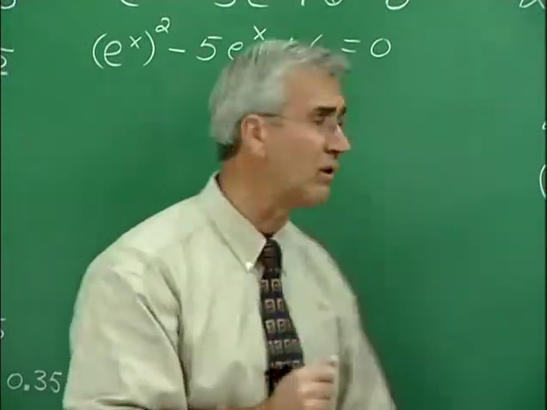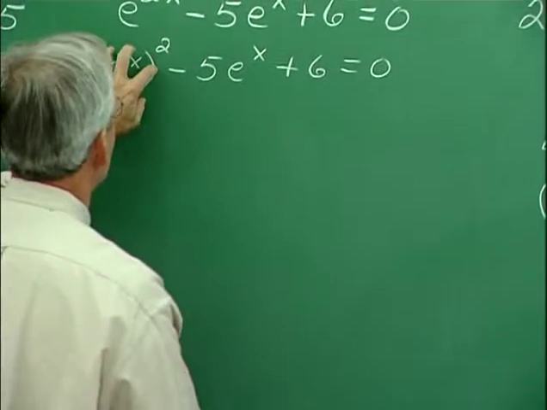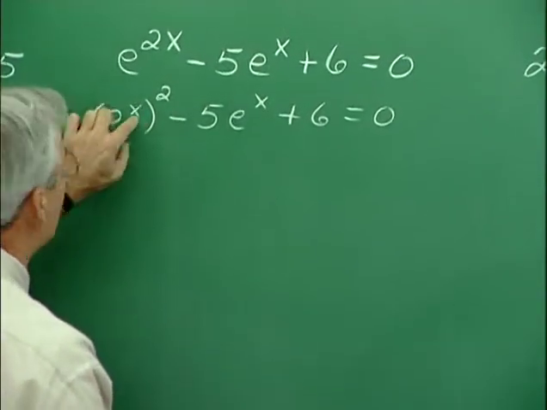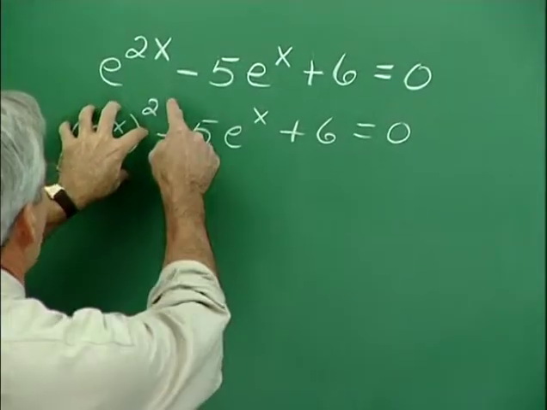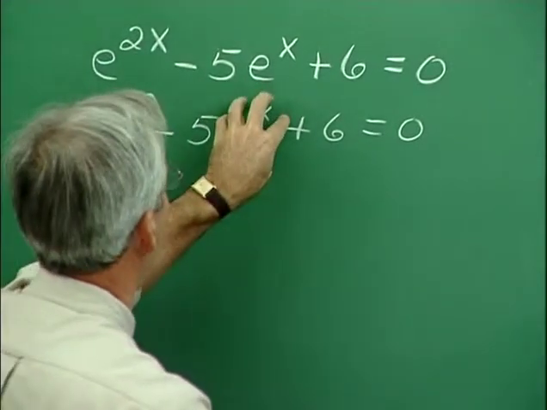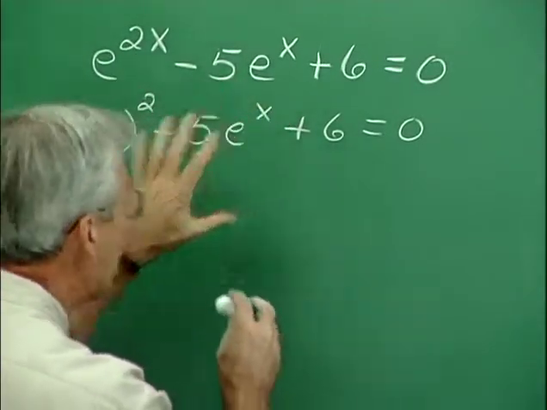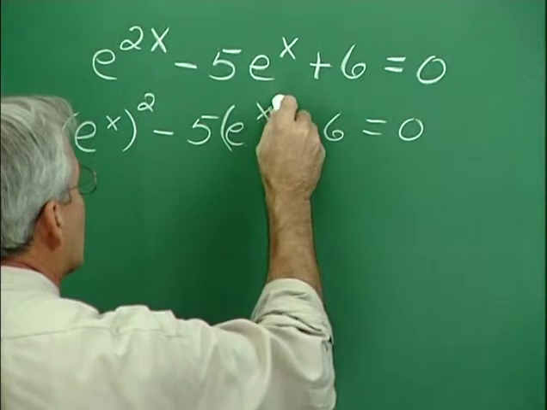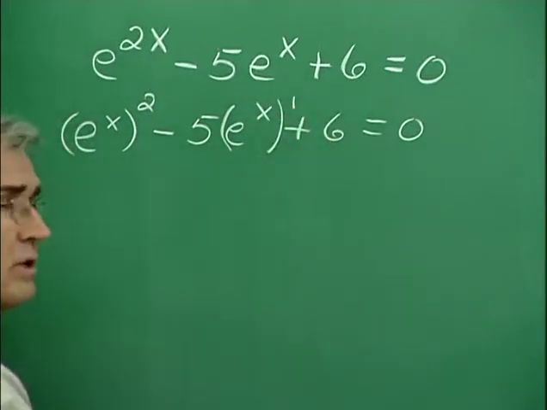Well, we have that here. Some variable quantity squared, and that same variable quantity here to the first degree. I can emphasize it further by doing this, if we want to see it that way.